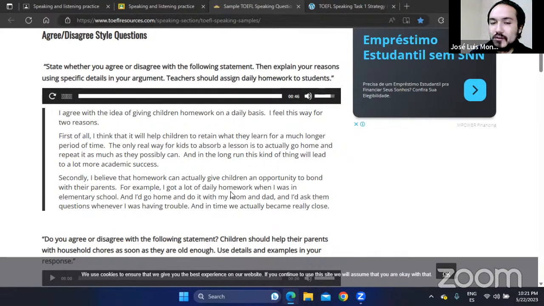Of course, that is not forbidden, but it gives you an idea of what the possibilities are when you need to give examples in all the situations that you might encounter. And again, you have things like this: children should help their parents with household chores as soon as they are old enough. That's what it says. So here again, we need to work on this element.